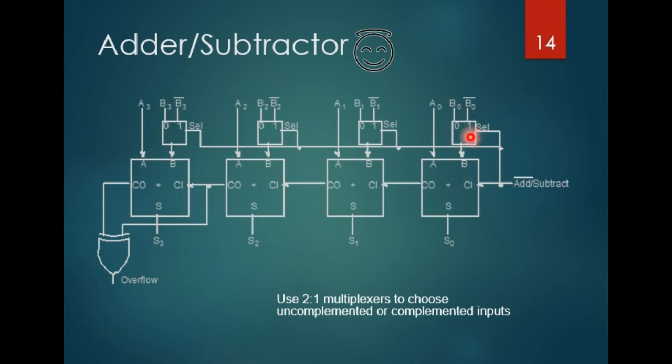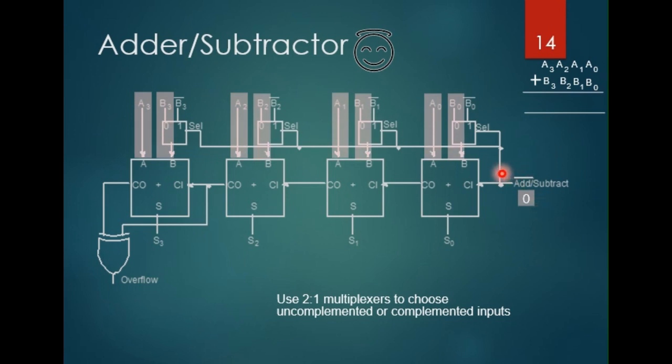You can realize that configurability by using a 2-to-1 multiplexer, where the multiplexer will select between B and B bar depending on the mode of the circuit. And the mode signal of the circuit can come from the carry-in of the LSB adder. When the carry-in is 0, it will perform addition. When 1, it will perform subtraction. During addition, the carry-in will take 0, which also means there is no +1 at the LSB adder.